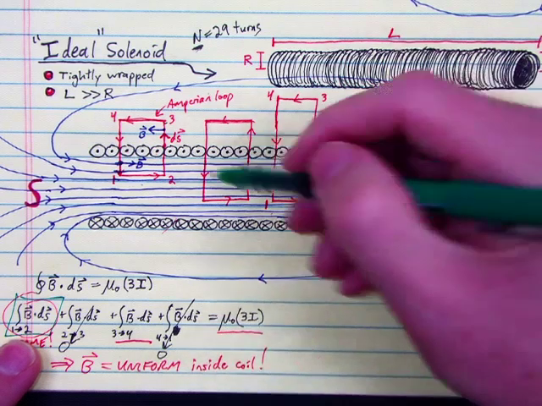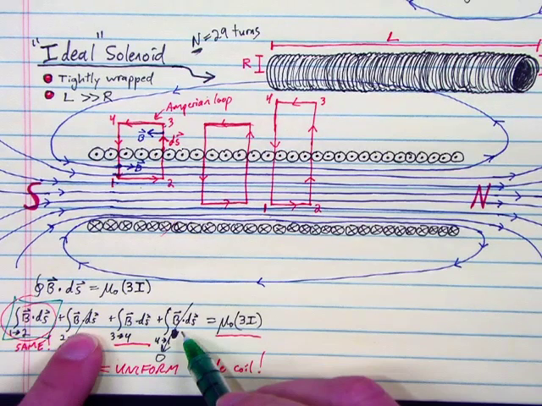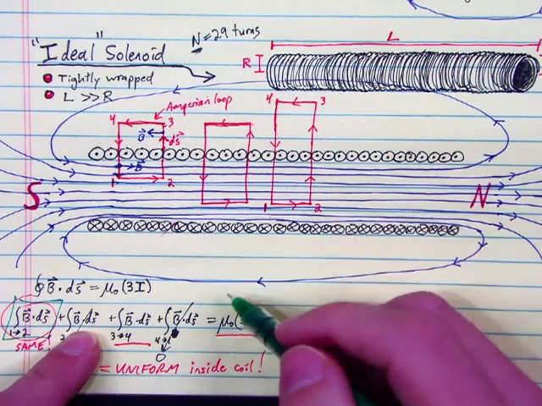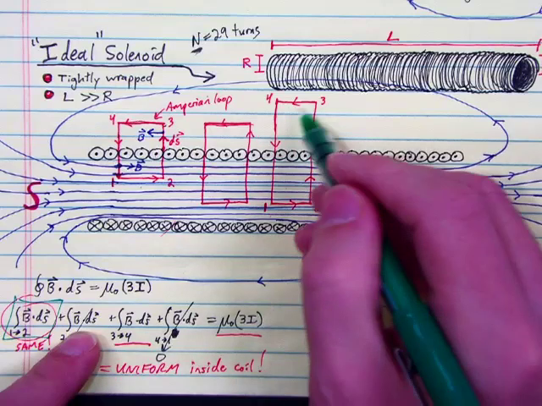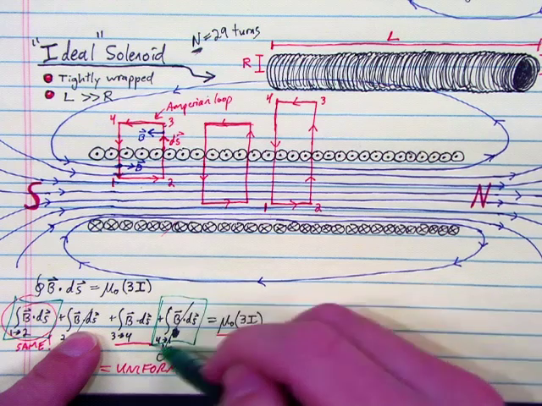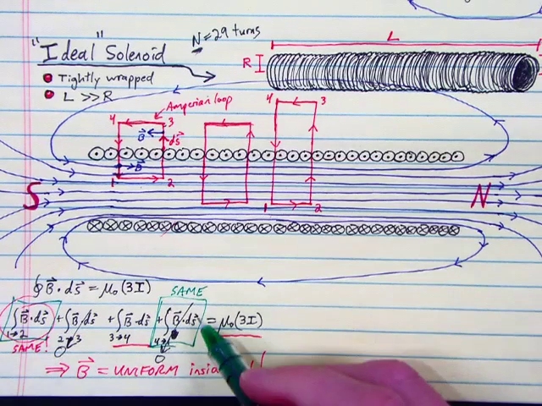So that means that term is the same for both of these hikes. And we know the sides contribute nothing to B dot ds, since B and ds are at right angles through the sides. So we're left with concluding that these top segments, this 3 to 4 and this 3 to 4, that term must therefore be the same for both loops.